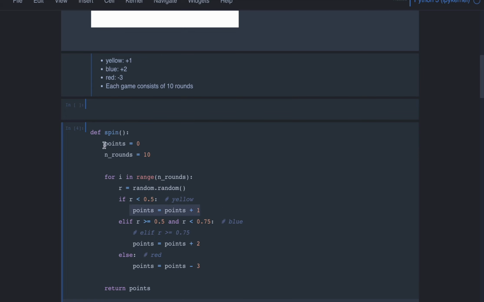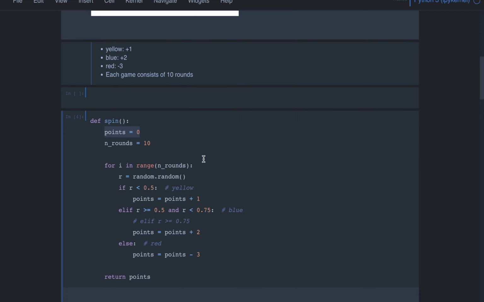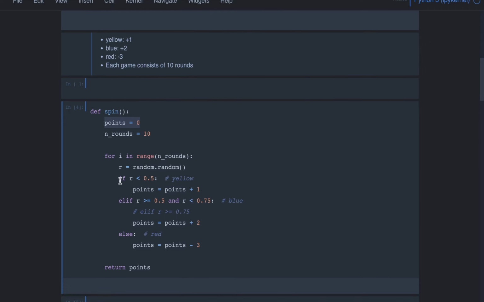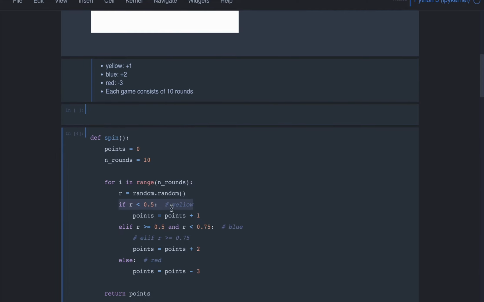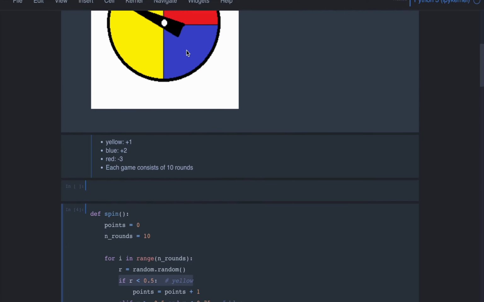So let's say we begin with 0 points, but let's say we are allowed to play this game as long as we want, even if we are with negative balance. Okay. Or you can frame this as, if R value is greater than 0.5, then also you can call it a yellow region. Okay.